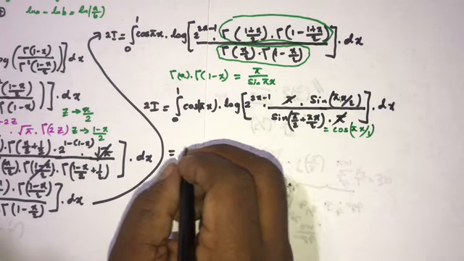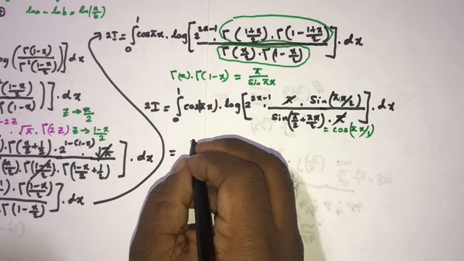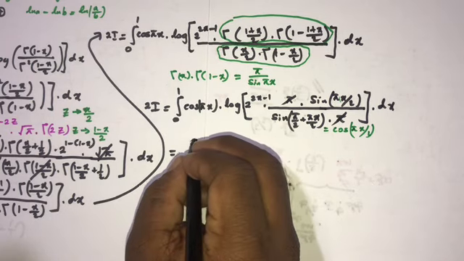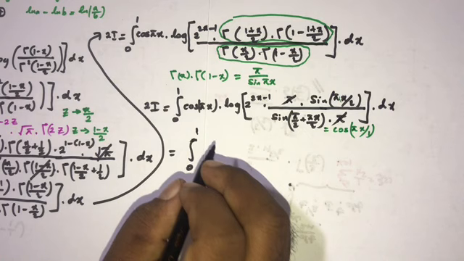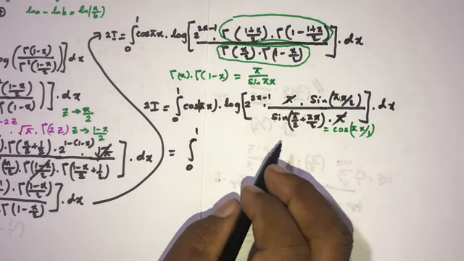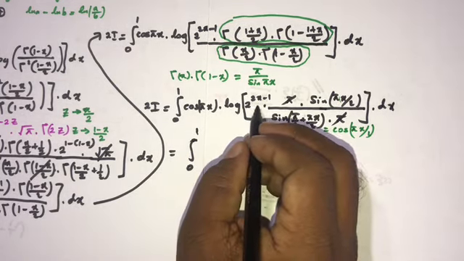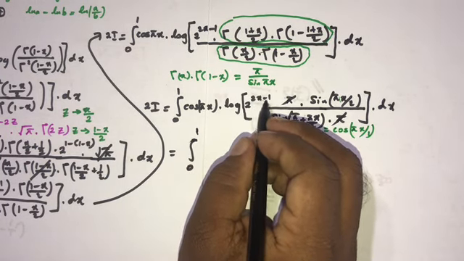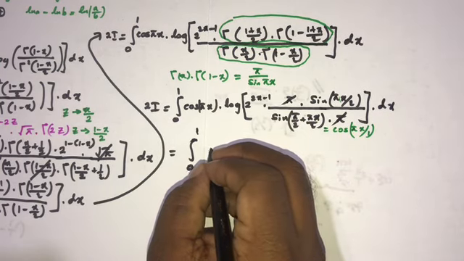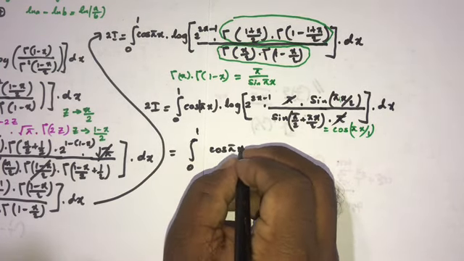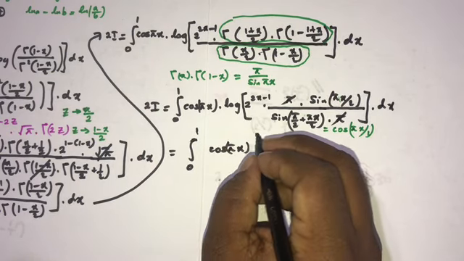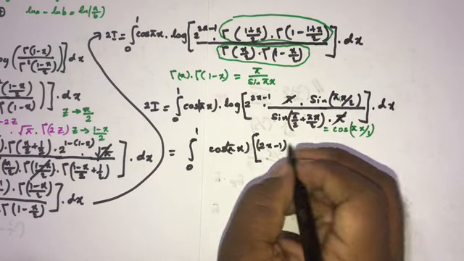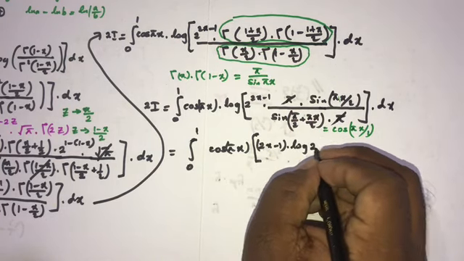So now we can write 2 times I is equal to integral from 0 to 1. Now we can simplify natural log 2 raised to the 2x minus 1. We know here cosine of pi x, and here we can write now 2x minus 1 times natural log of 2.